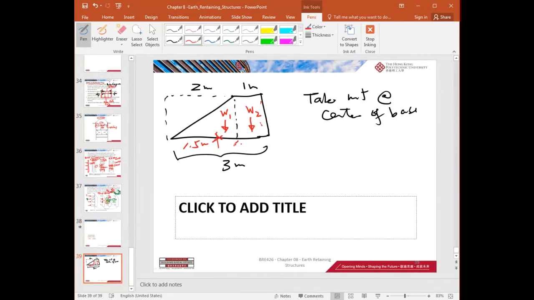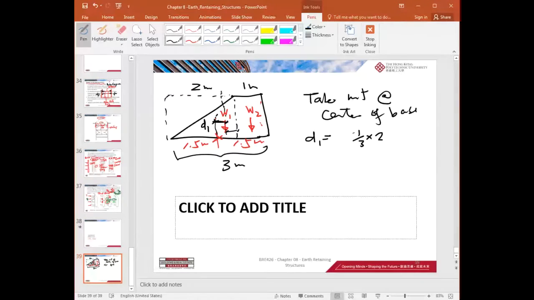That's 1.5 meters. Okay. Now, what's the centroid here? What's the distance here? What's D1? D1 is equal to what? D1. Here, the D1. Now, it's equal to, first of all, you know what's this distance? 1/3, right? 1/3 of 2, right?